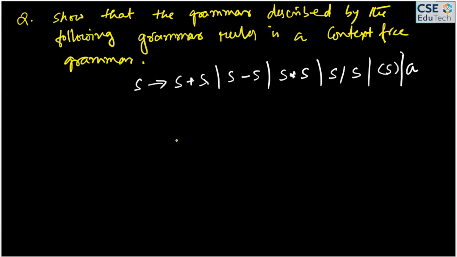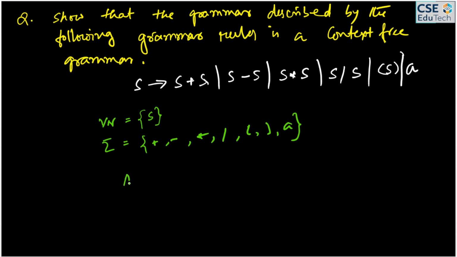Now from here, what is the non-terminal? What are the non-terminal symbols? Obviously it is only S. And what are the terminal symbols here? They are plus, minus, multiplication, division, bracket, and A. We have seen from these production rules that all the given productions are of the form A to alpha.